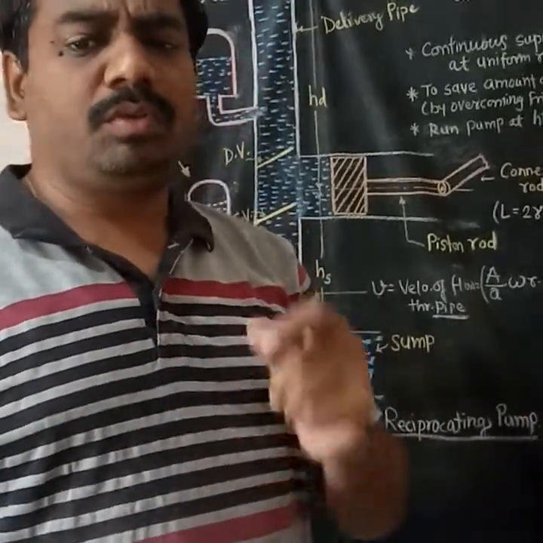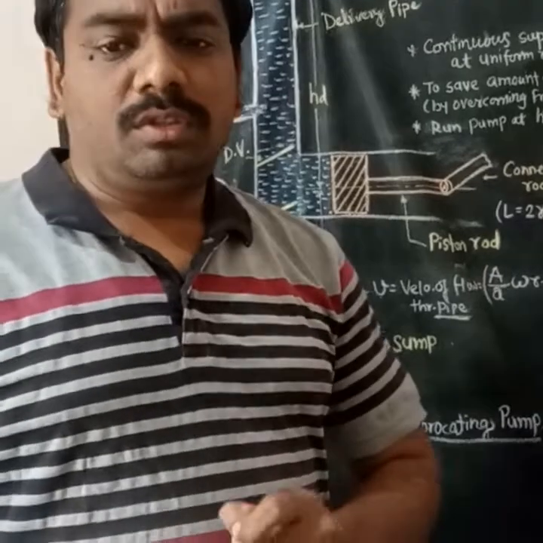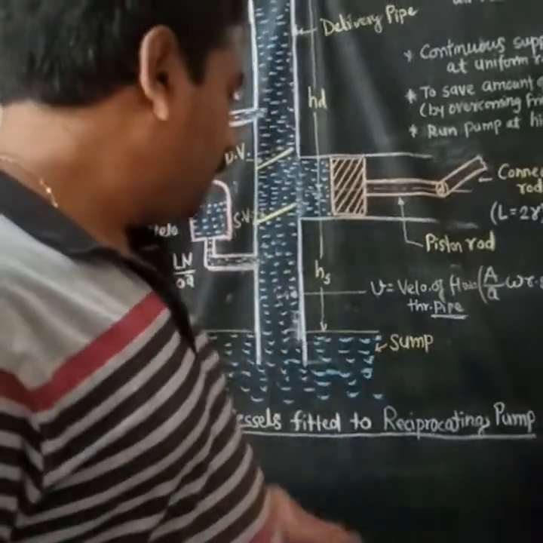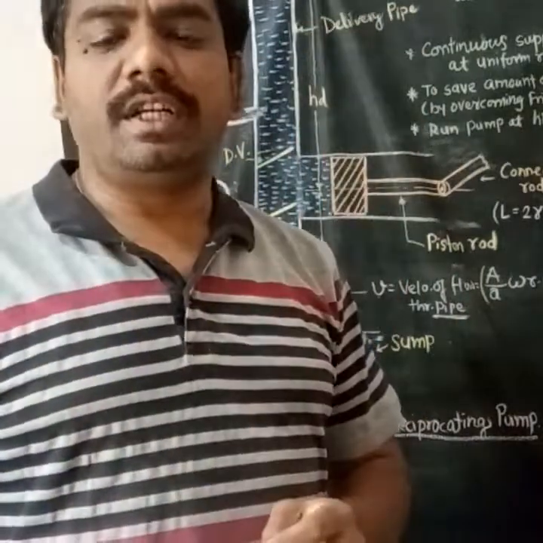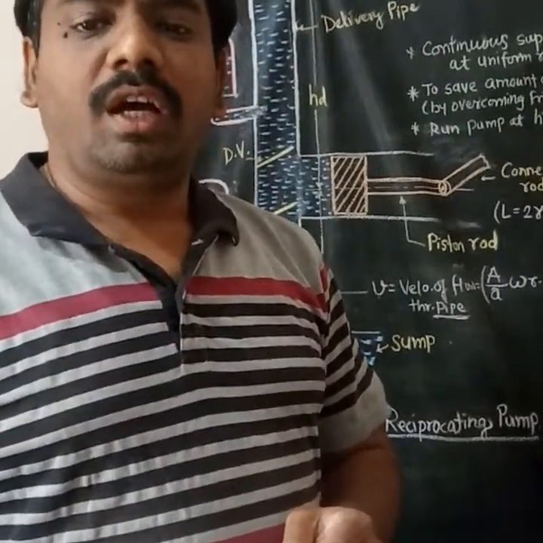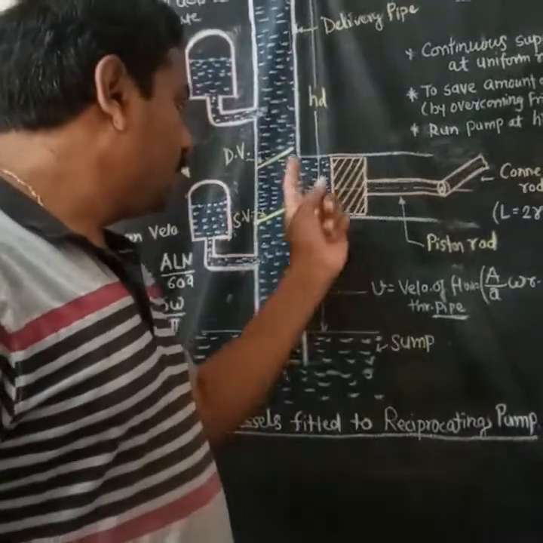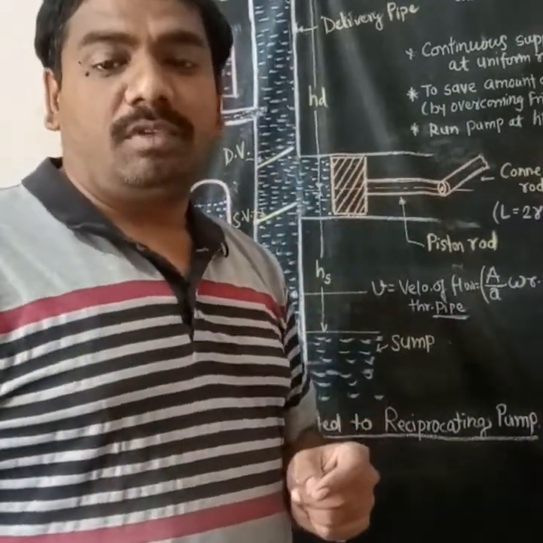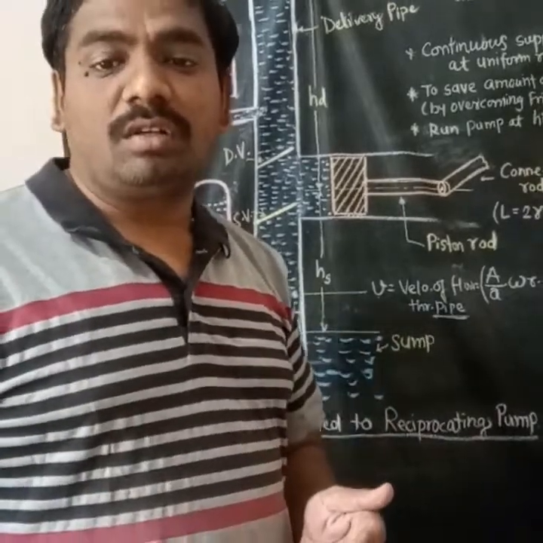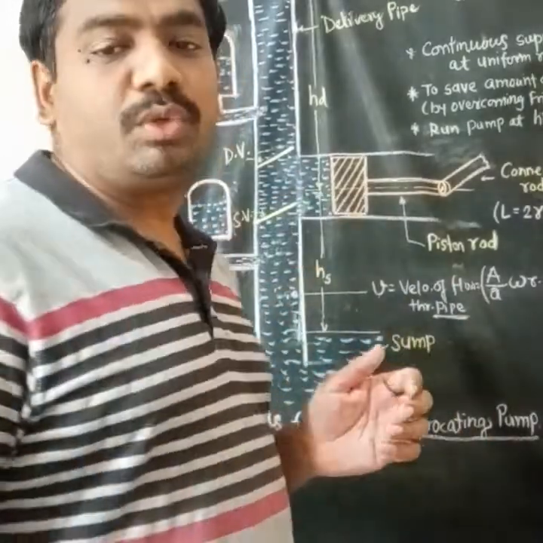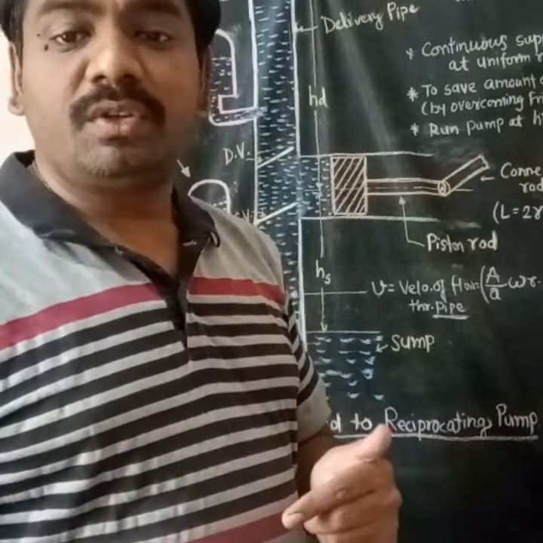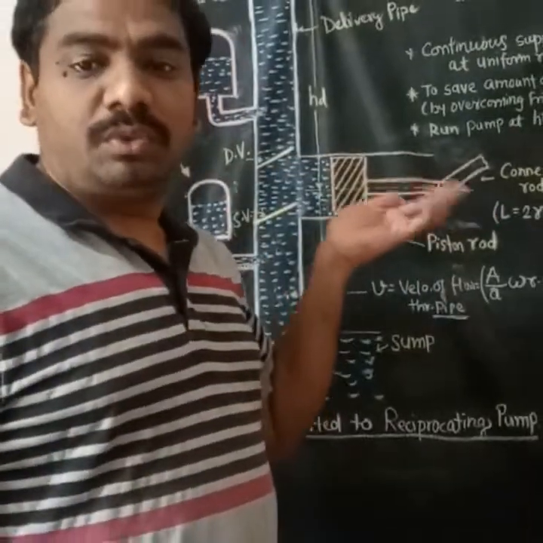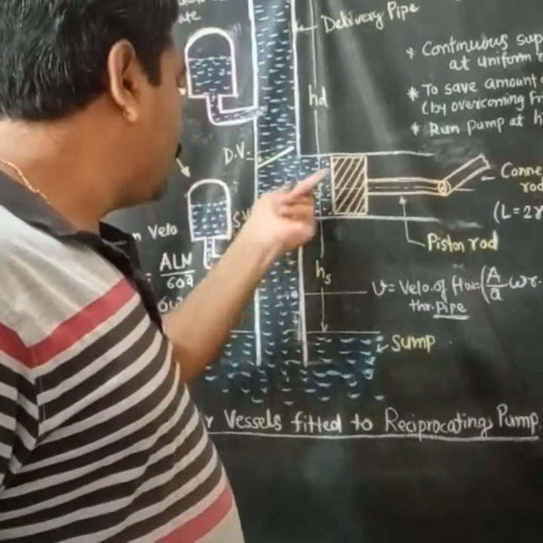So how is that work done going to be saved? This is by avoiding the frictional resistance. Whenever the water comes from the sump to the cylinder of the pump, and there is excess water, that excess water is going to be stored in the air vessel. So the next time, it is not necessary to pump the water from the lower level to this particular level. This water can be used right here itself.